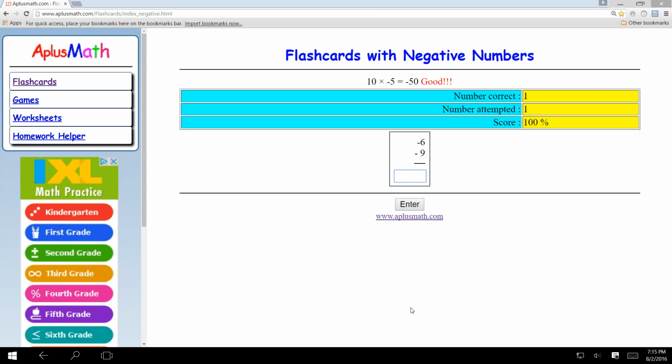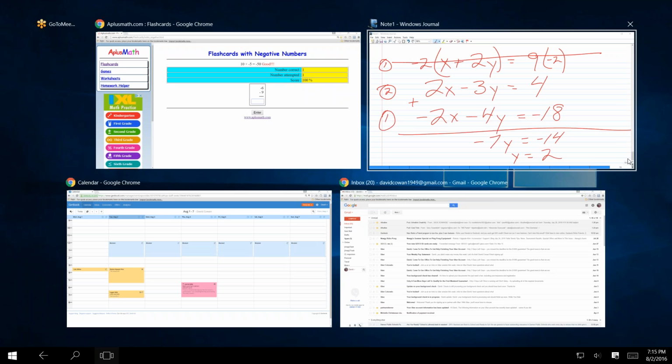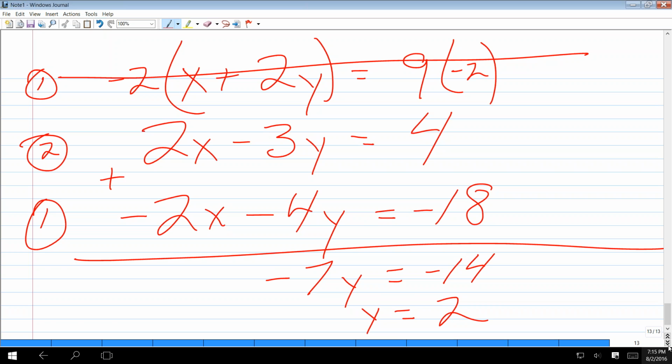Always turn subtraction problems into addition problems. Here's what I should be negative 15. In other words, what I have is a negative 6 minus 9. Well, that's the subtraction sign.